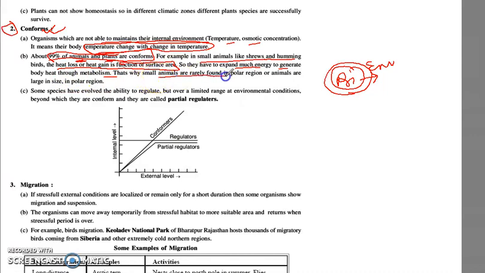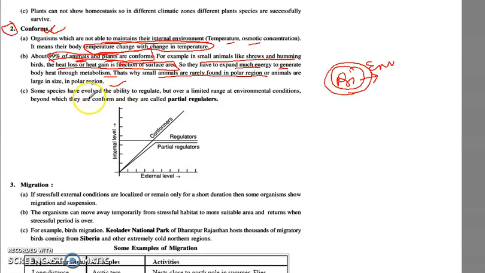That is why small animals are rarely found in polar regions, and animals there are large in size, because the surface area helps the organism cope with the surroundings, releasing or gaining heat according to the change in temperature.